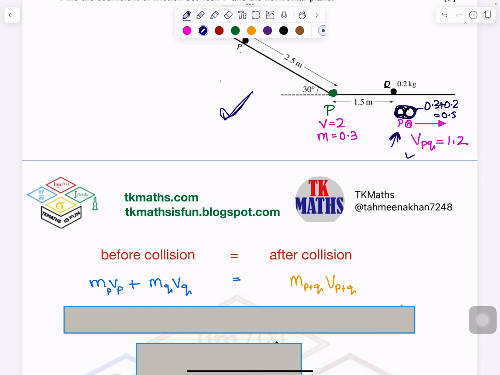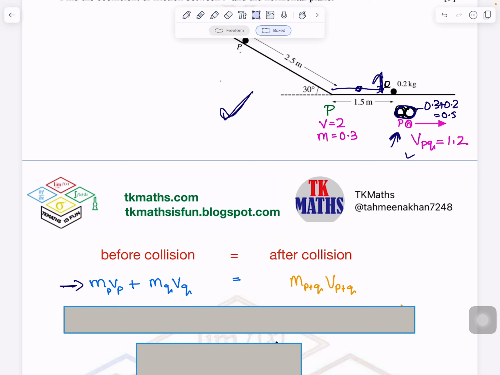With respect to P, the velocity when it reached here was 5. But you don't know what it was before hitting Q, because now the surface is rough. So by the time it comes from here to here, the velocity will reduce. Agreed? So now I will find out this velocity also, with which it is reducing.